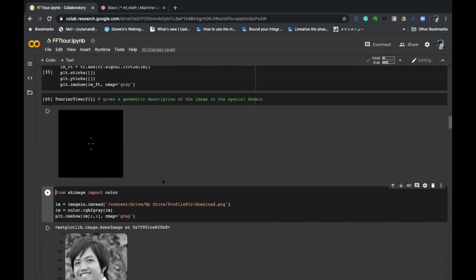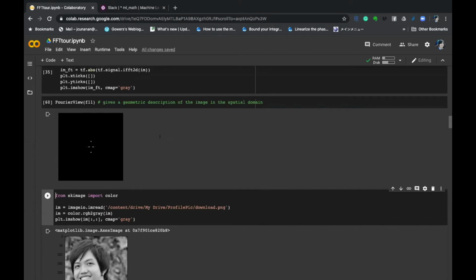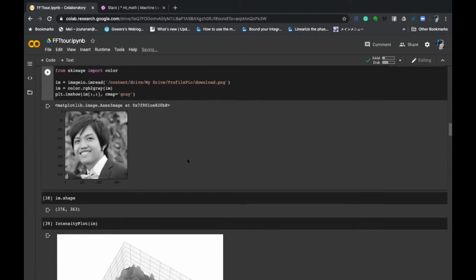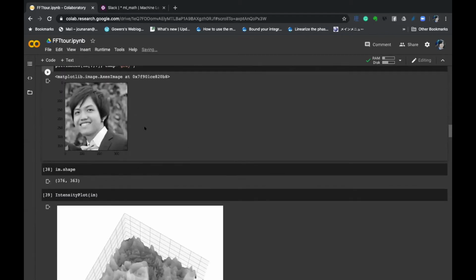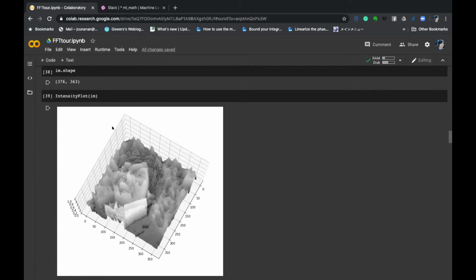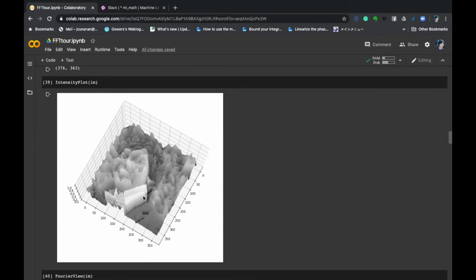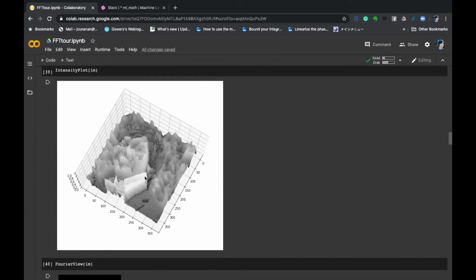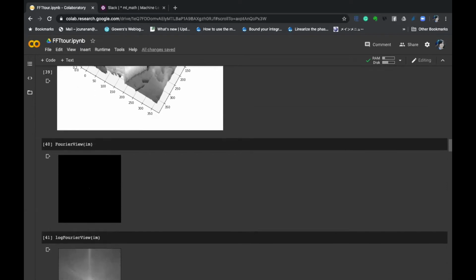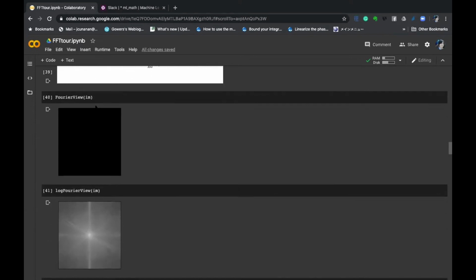Now that is for a simple photograph, right? This is my profile photo I use. This photo seen in 3D, in what I call an intensity plot, would be a mixture of several frequencies. So you can see the oscillations there. If you simply take a Fourier view, we don't get much.